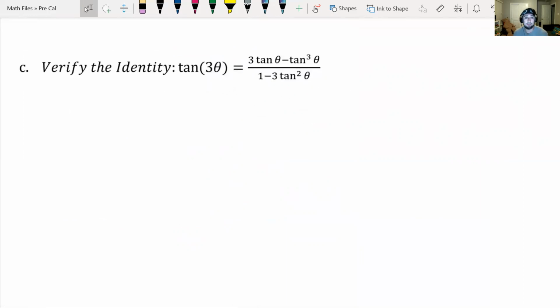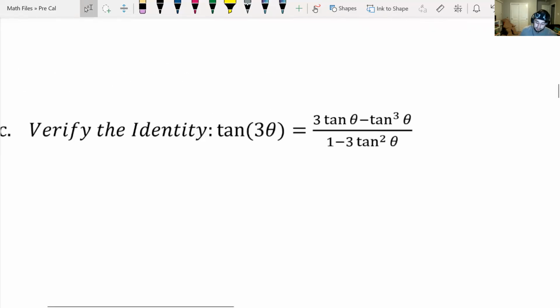Tangent 3 theta is equal to 3 tangent theta minus tangent cubed theta over 1 minus 3 tangent squared theta. Okay, so this is going to be a left side proof, because we can actually create a formula for tangent 3 theta. So that's what we're going to do here. It's going to be a proof by the left side.